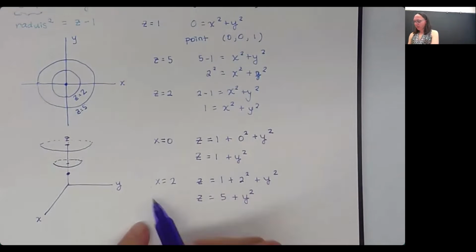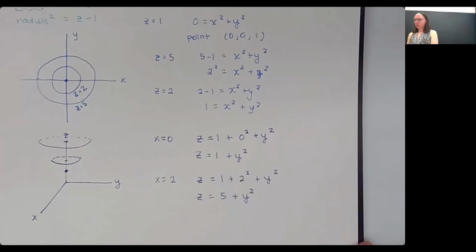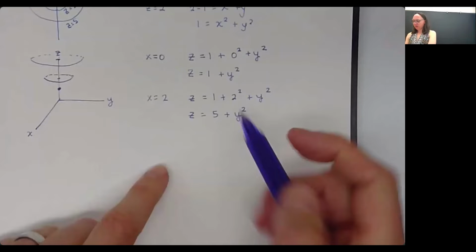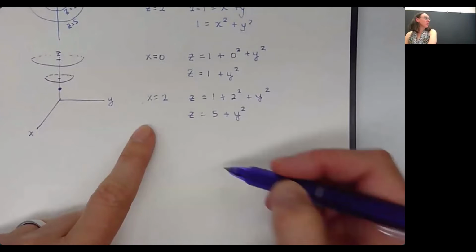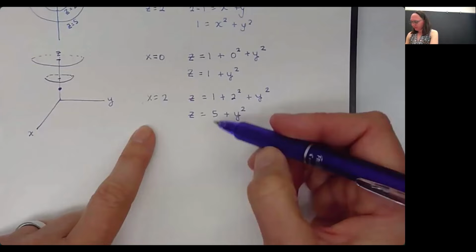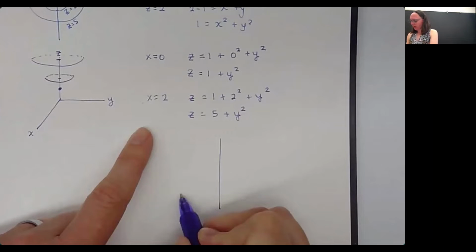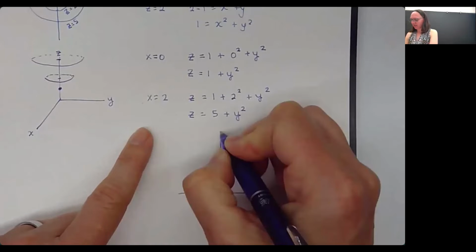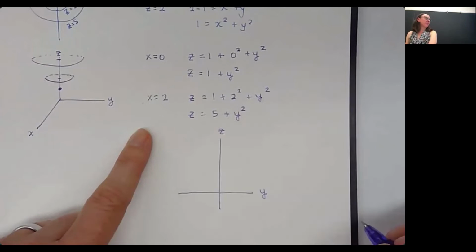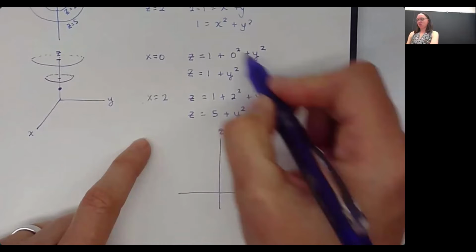So if I were to draw those level curves in a 2-dimensional way, then my axes this time would be y and z, because I've given fixed values for x.